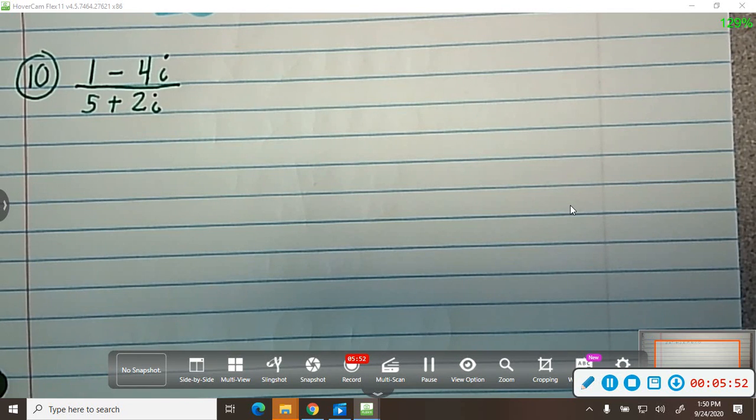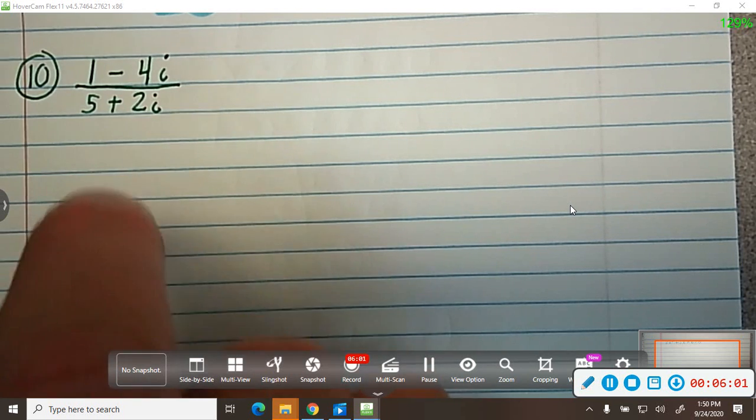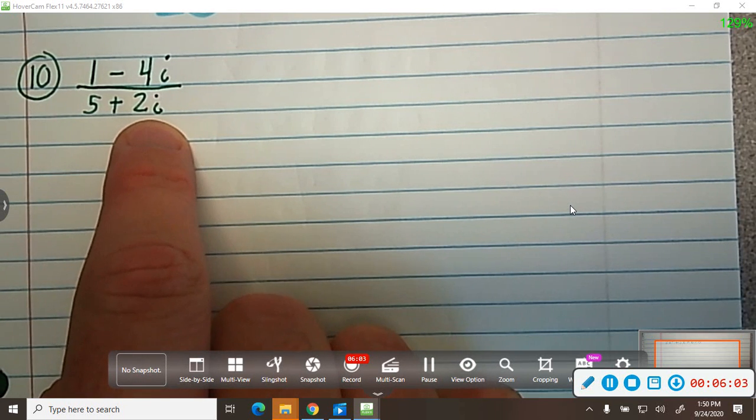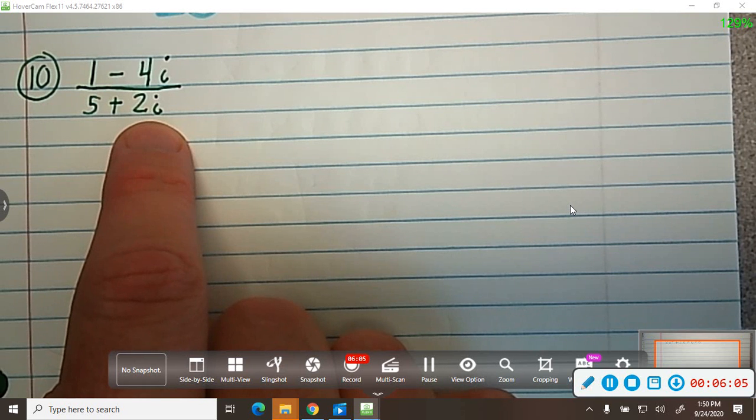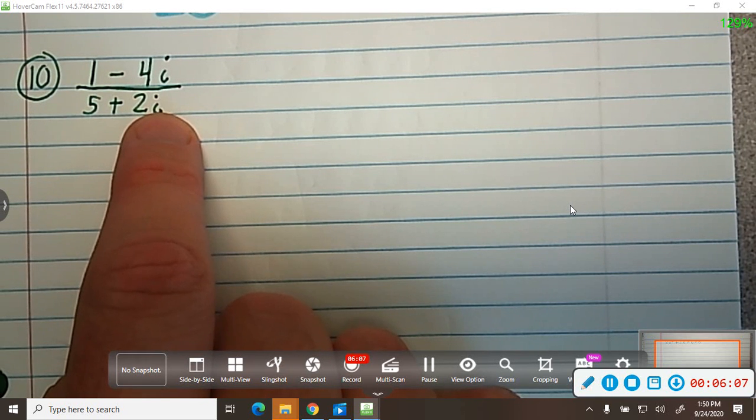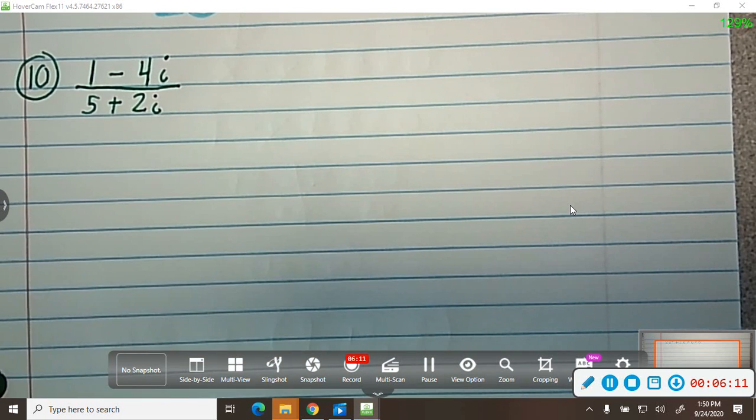Here's an example of division. Now, when you're dividing, the goal here is to get the i out of the denominator. So when I say denominator, I mean the bottom of the fraction. And so to get the i out of the denominator, we multiply by something called a complex conjugate, and I'll write that down.